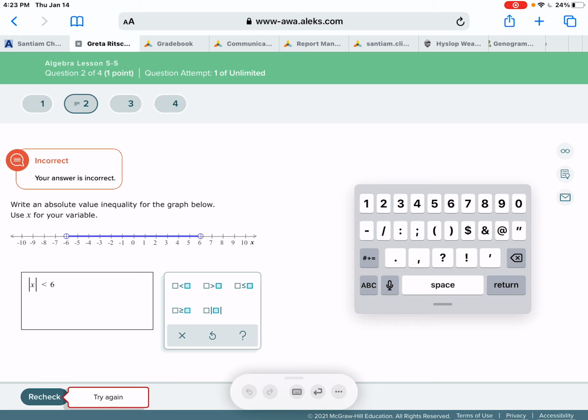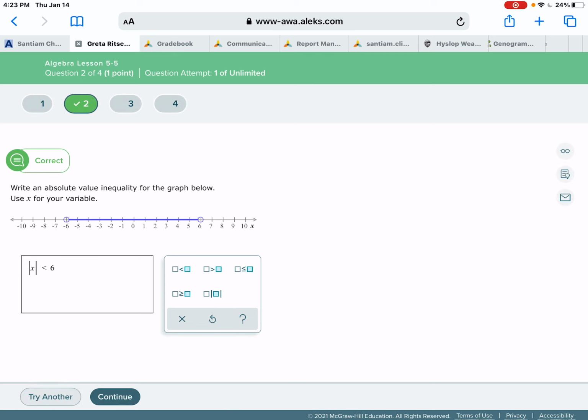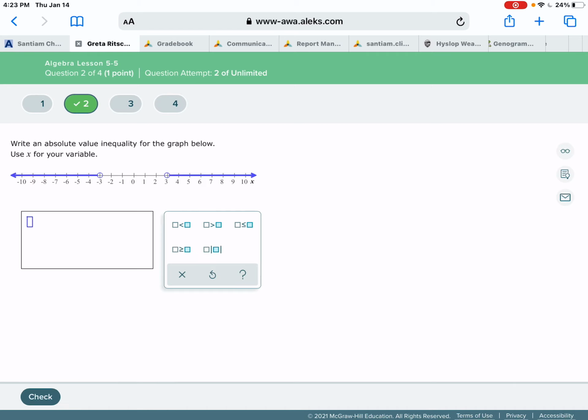In doing that I will also imply that x is greater than negative 6, just like we did in the last problem, and that should be true. Yay! Because I messed that up the first time, I'm going to try another.